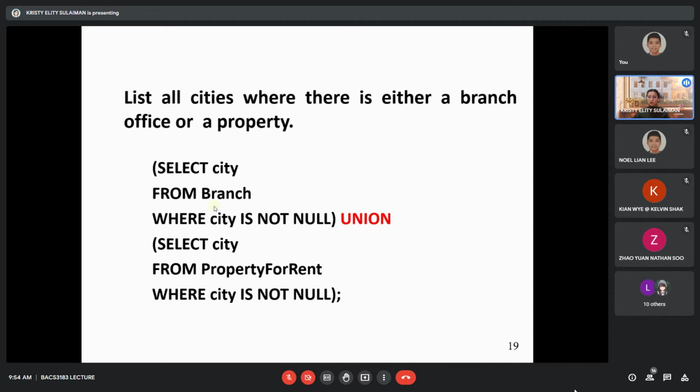So we have looked at selection or restriction, and then projection, and we have looked at union. And now we look at set difference.